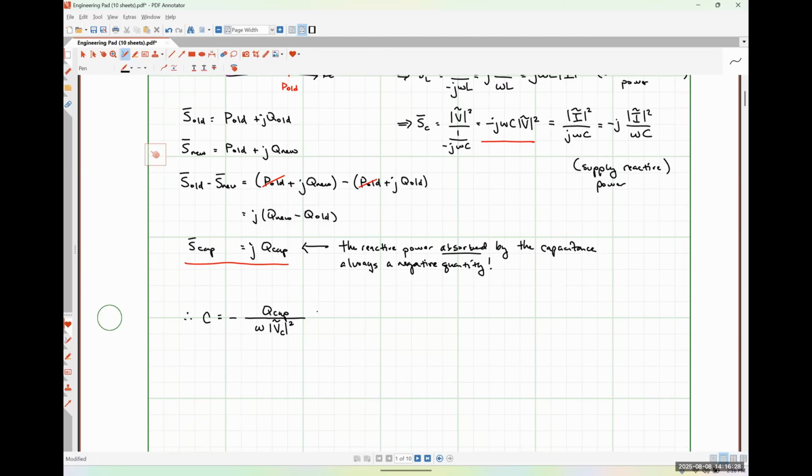So my preferred equation for calculating capacitance is actually this one, where we have P old, the average power both before and after power factor correction because it doesn't change, times the tangent of theta old minus the tangent of theta new, divided by omega times the voltage drop across our capacitor squared.